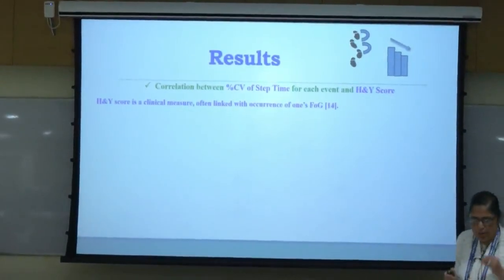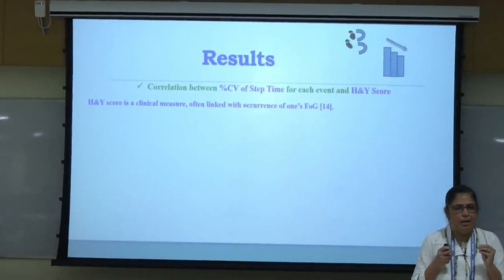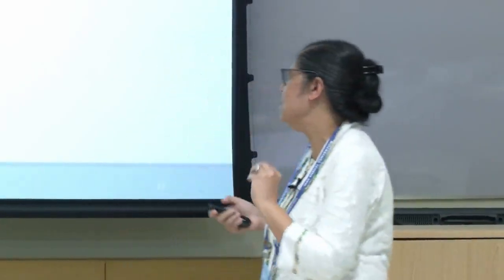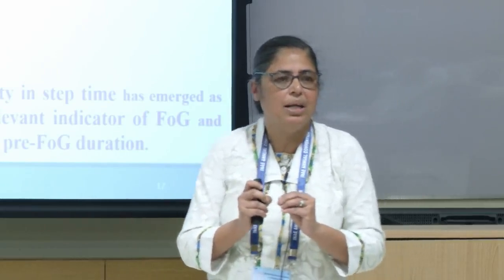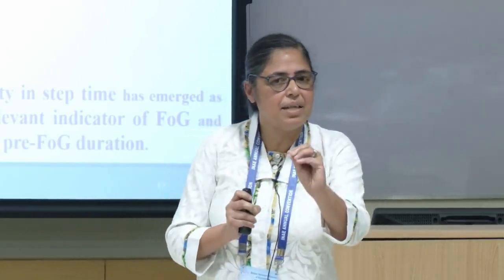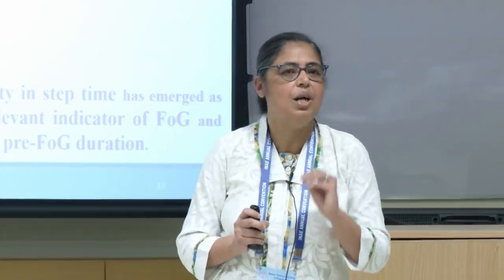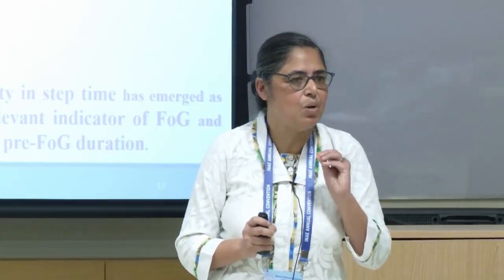So we thought that, okay, the step time is coming out very well, but is it a clinical measure? Why will the doctors take it? So we have to prove whether it is clinical or not. So we chose the H&Y scale, which is a very good, proven clinical measure for freezing of gait. And we could see that even 3 steps before the actual freezing happens, the step time had a high correlation with the clinical measure, the H&Y scale.